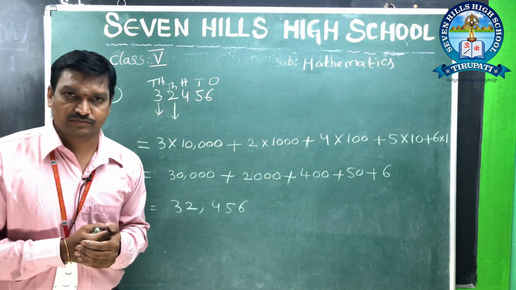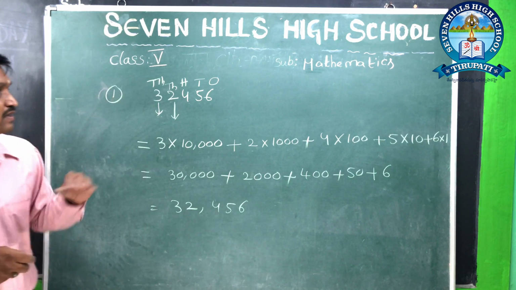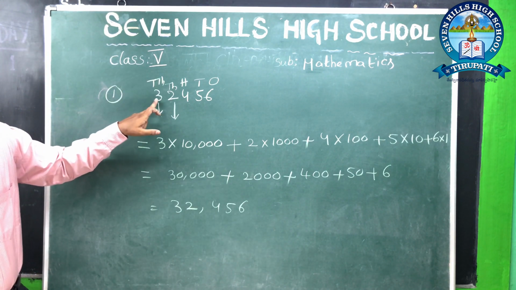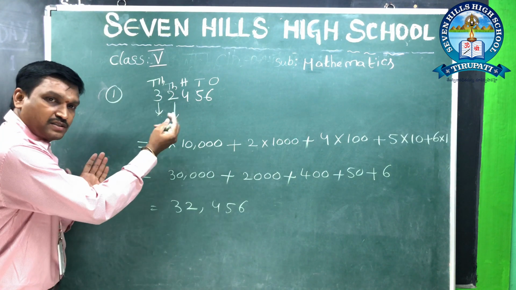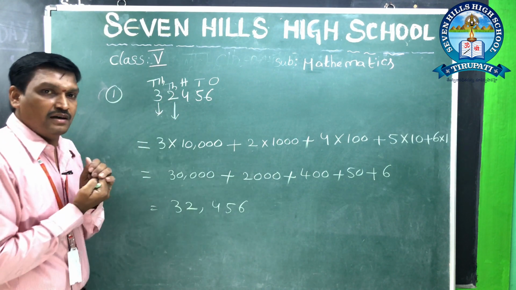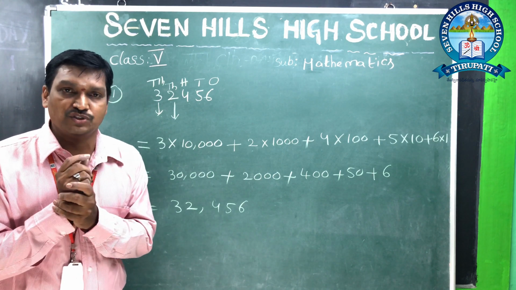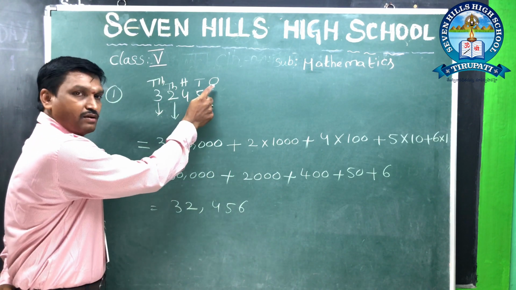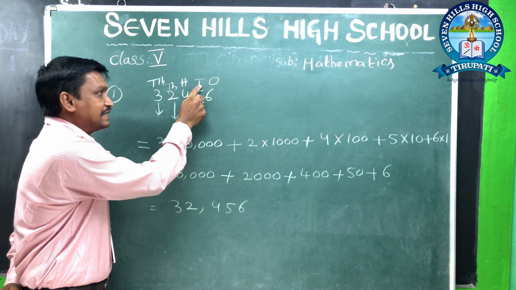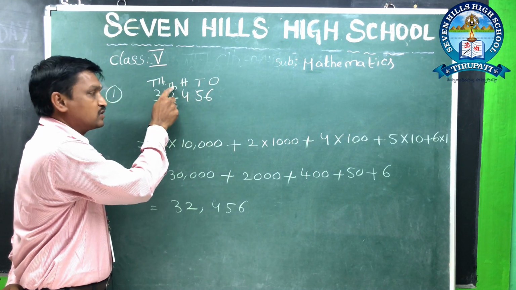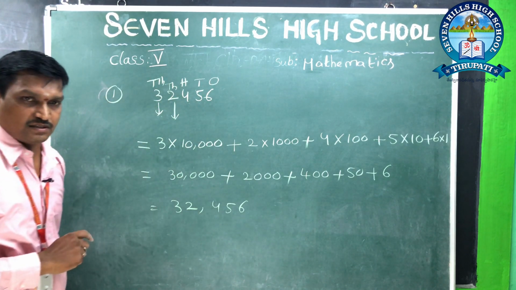Are you understood students? Yes. See here, the given number is like this. First, we separate every digit using the Indian place value chart: ones, tens, hundreds, thousands, 10,000s.